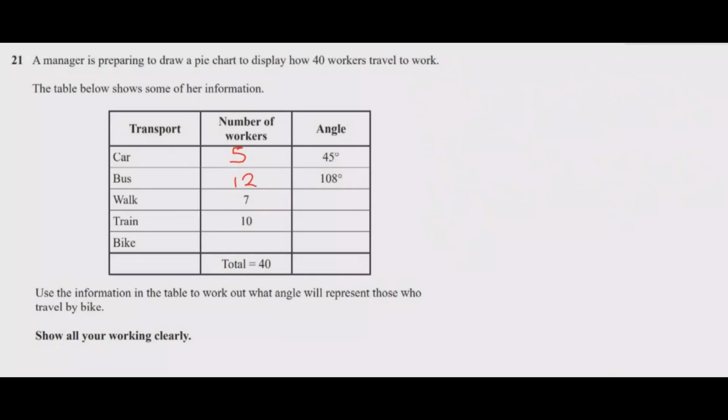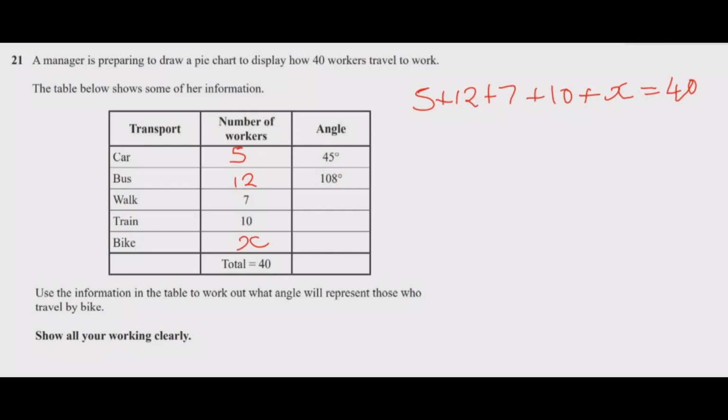We can now find the number of workers who come by bike. Now, since we know that the total number of workers is 40, we can just add that. We can come up with an expression like this one, where we're going to have 5 plus 12 plus 7 plus 10 plus x, where x is the number by bike, is equal to 40. Okay, the total number of workers.